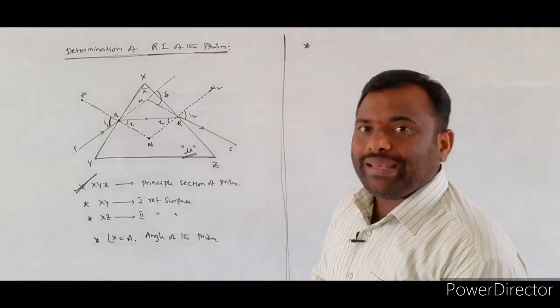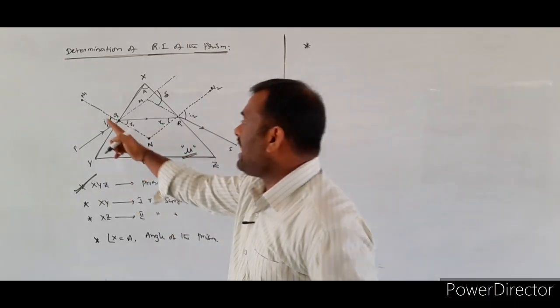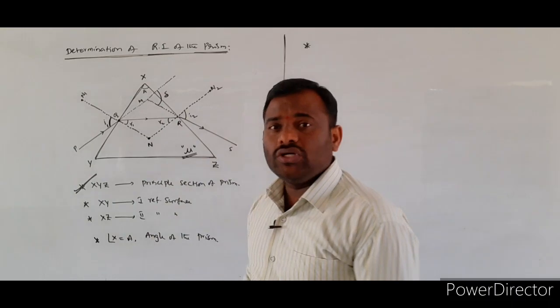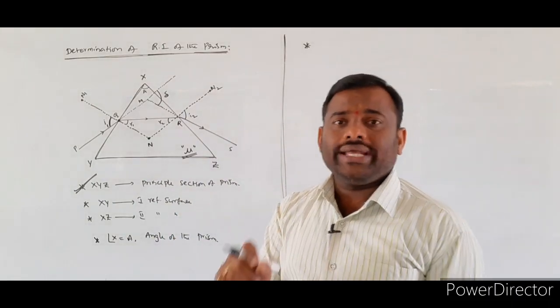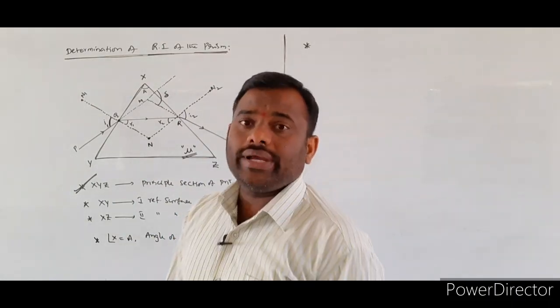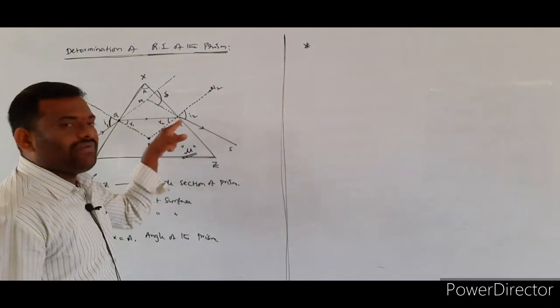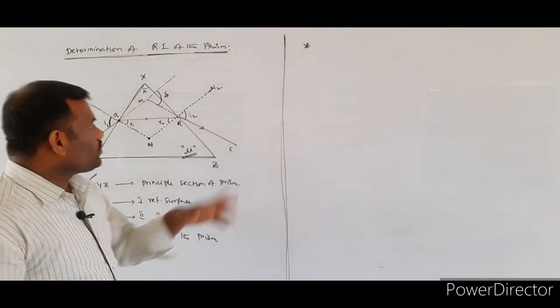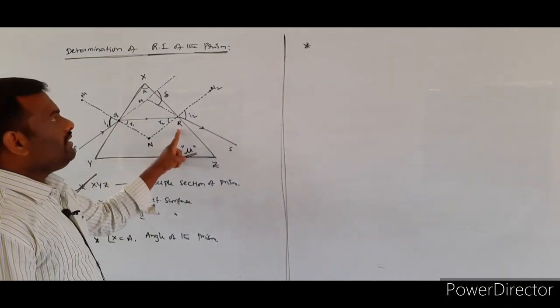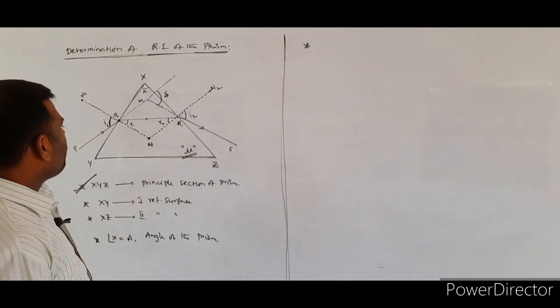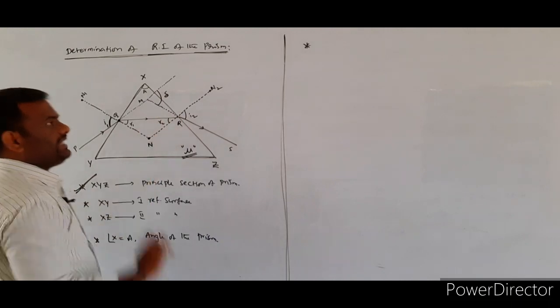Here we are assuming that the light ray comes from the air medium into the denser medium, so the light undergoes refraction. As a result, the refracted light ray travels within the refracting medium. QR indicates the refracted light ray.